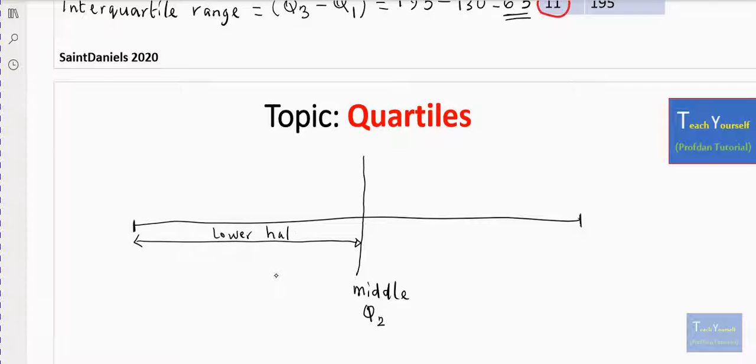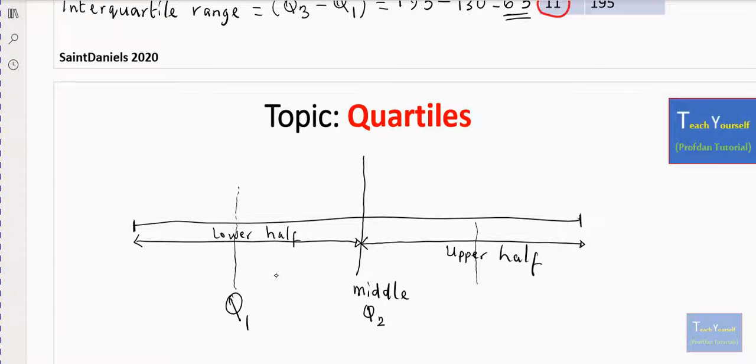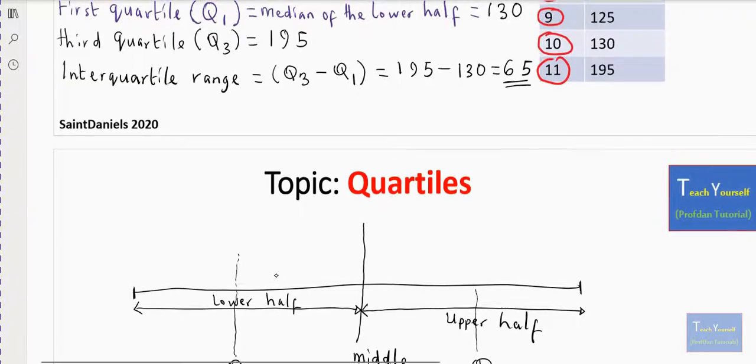So for the lower half, what you do again is divide it into 2 parts. So the middle of the lower half is your first quartile. From the original middle, which is the second quartile, to the end value here is what we call the upper half. Okay, so you're dividing the upper half into 2 parts. Its middle is what we call the third quartile, and that is that on quartiles.